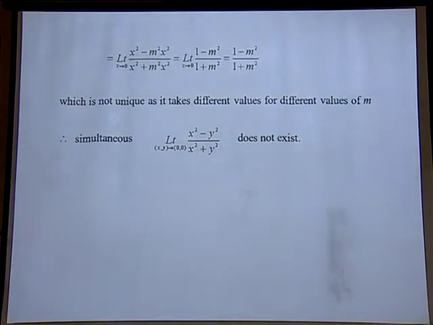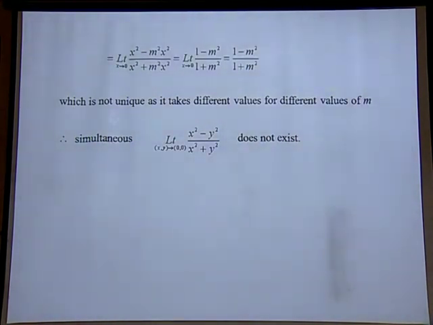We are substituting the value of y is equal to m x, and so there is only one limit as x tends to 0. So, again in the numerator and denominator x square is common. So, we get limit of 1 minus m square over 1 plus m square as x tends to 0, which is a constant value. So, there is no meaning of limit. So, this is equal to 1 minus m square over 1 plus m square.